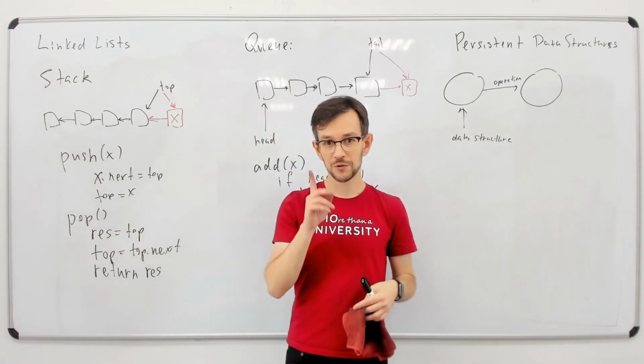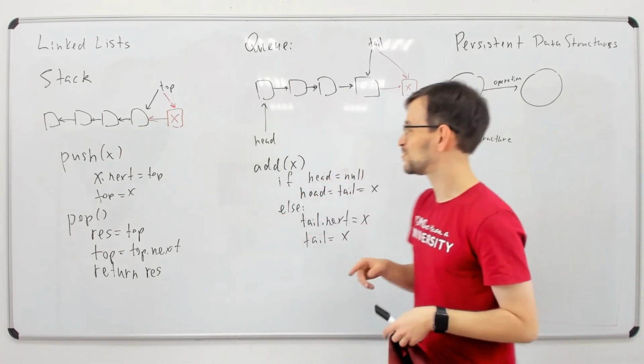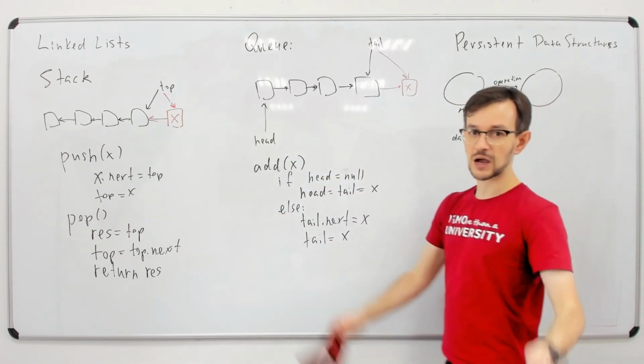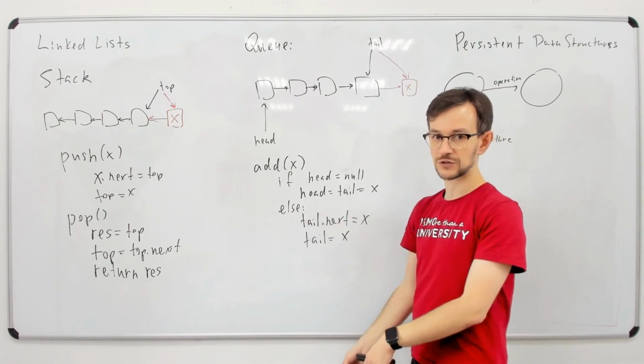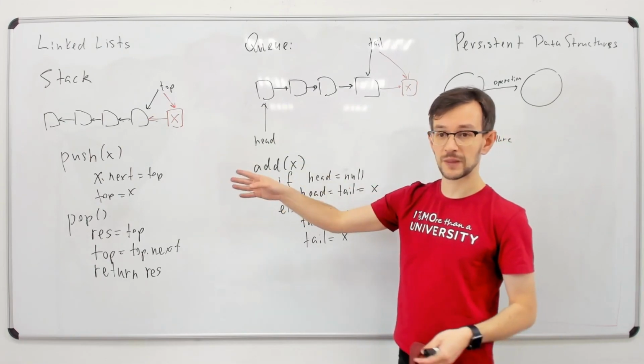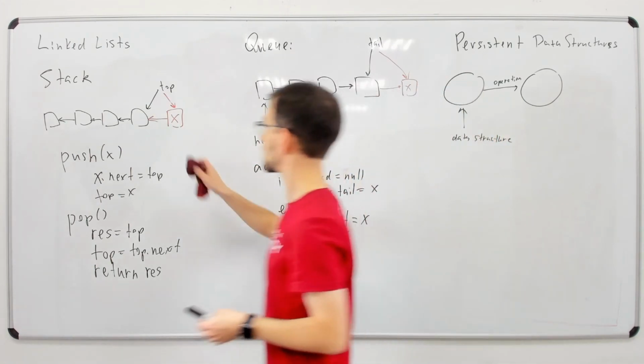We will not talk about this universal process, but we will talk about some data structures and how to transform them to persistent data structures. For example, let's have a persistent stack.